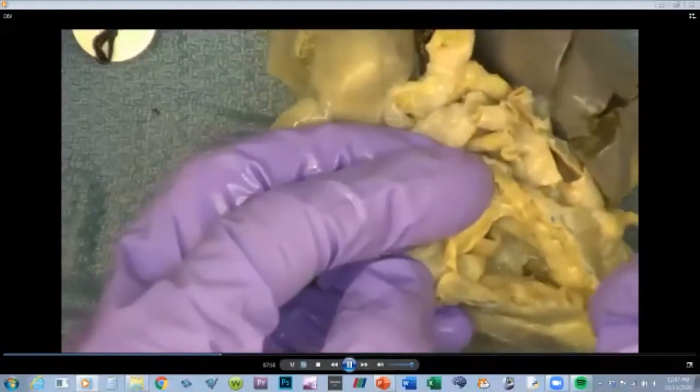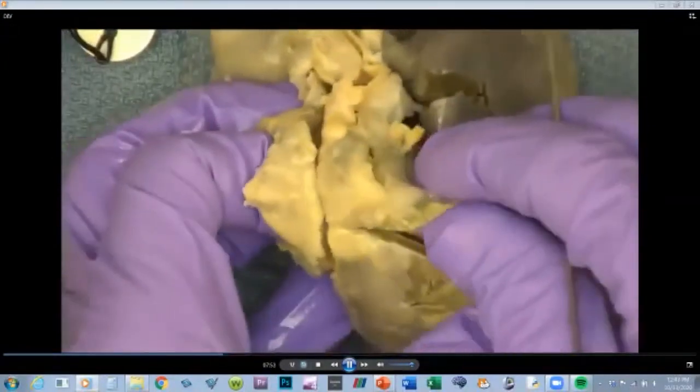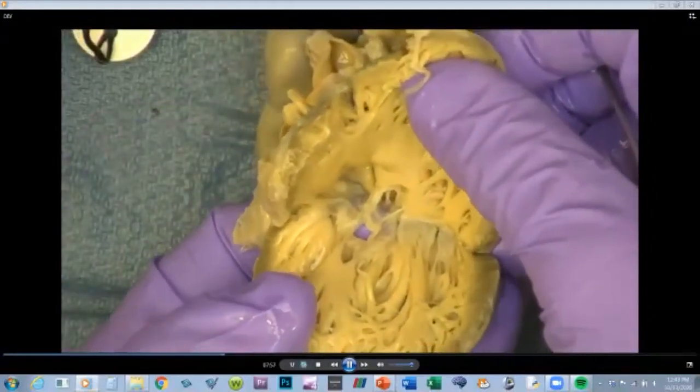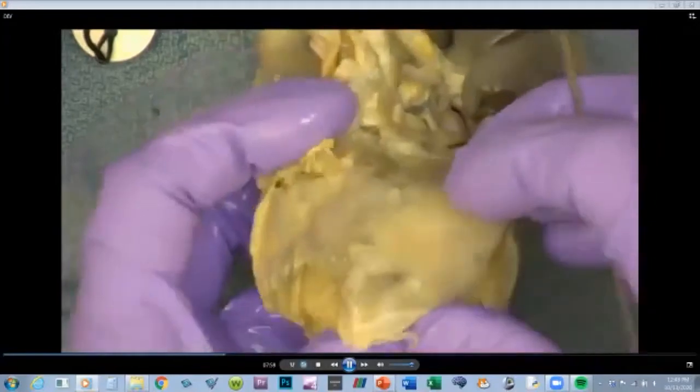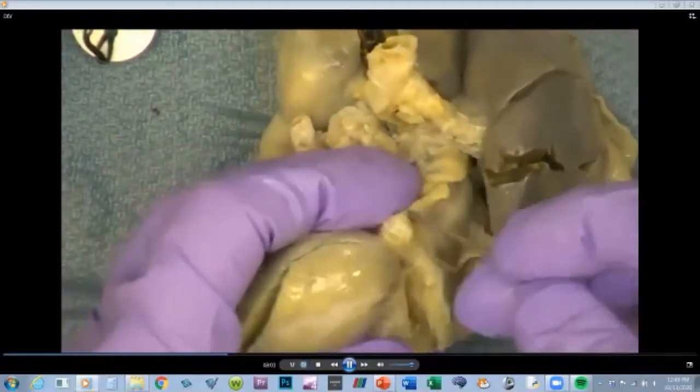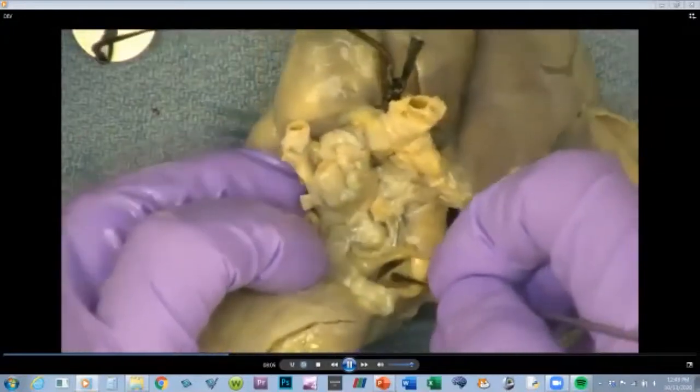This is the right atrium into this right atrioventricular valve right there, into this left ventricle. And then if we look at the atrium on the other side, here's our left-sided atrium.